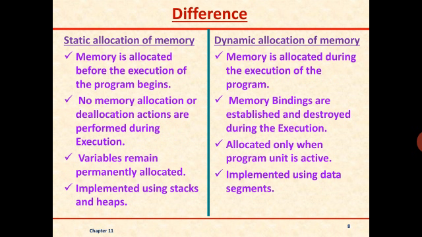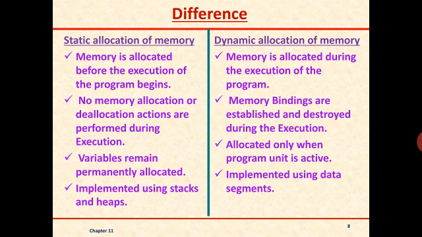In static allocation, no memory allocation or deallocation is performed during execution, whereas in dynamic allocation memory is established and released during the execution only. Third, in static allocation variables remain permanently allocated, whereas in dynamic allocation memory is allocated only when the program unit is active.